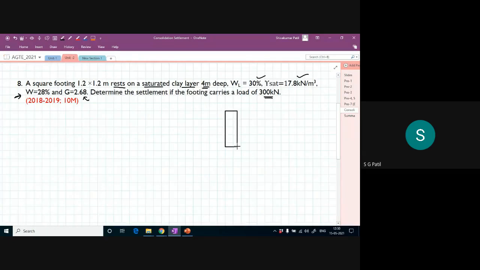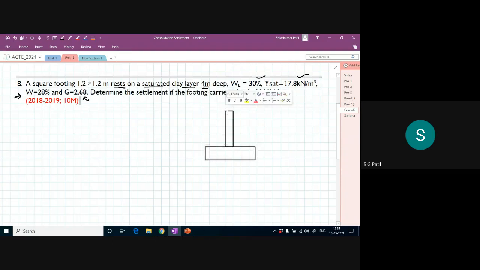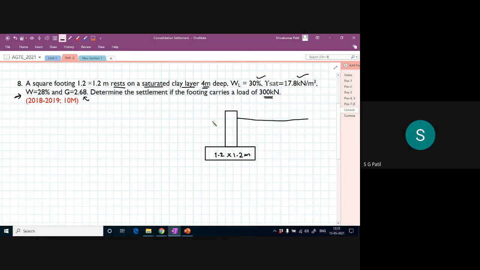Always try to draw the figure, then it will be easier to solve the problem. So this is my column and this is my rectangular footing. What is the size of my footing? This is 1.2 by 1.2 meter and this is my ground level.